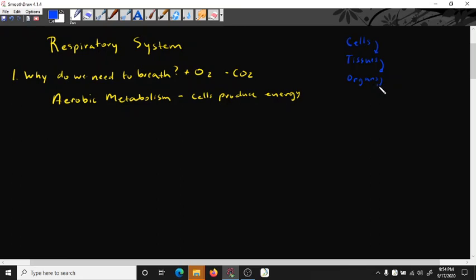Organs make up organ systems. And then those organ systems make up an organism. An organism, like us, we're humans. So that's kind of the structure.